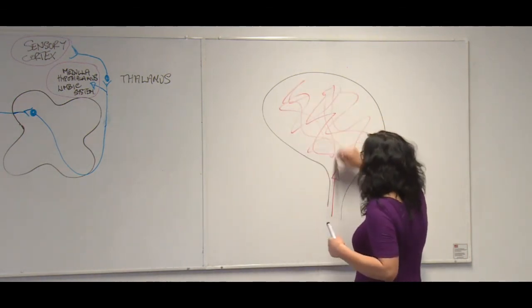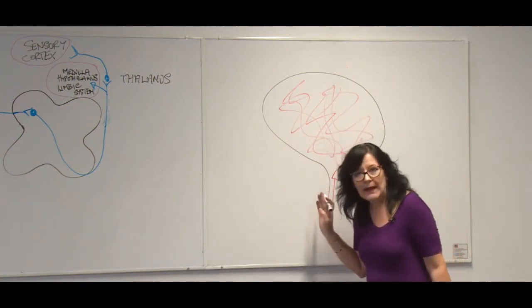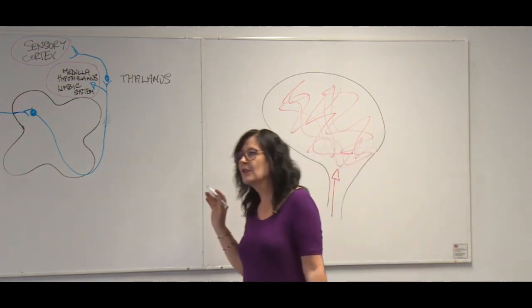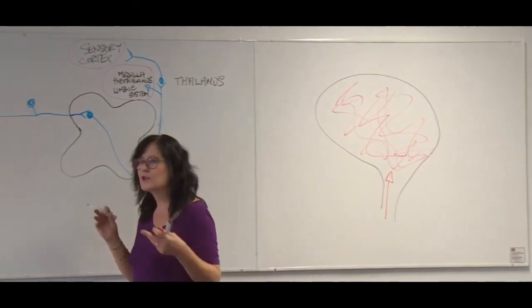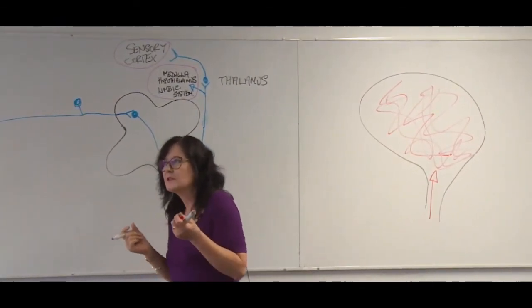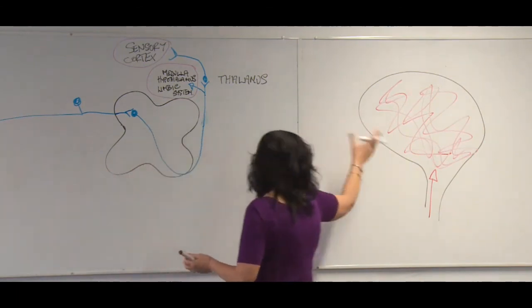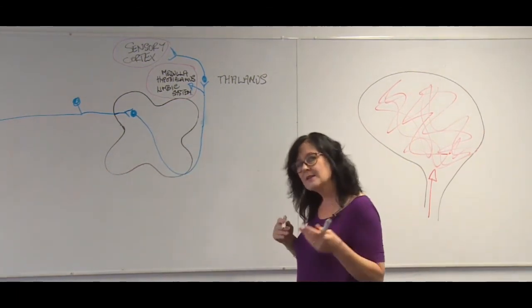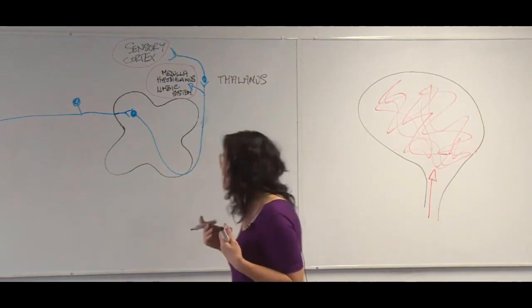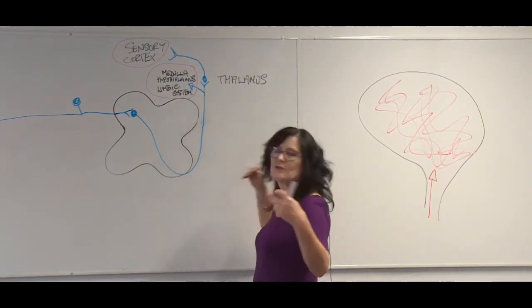All that input of pain is now thought to have massive different branches. Remember, interneurons, pyramidal neurons, millions and millions of synapses. It goes everywhere. So it has a much greater impact than we can simply draw with one branch.